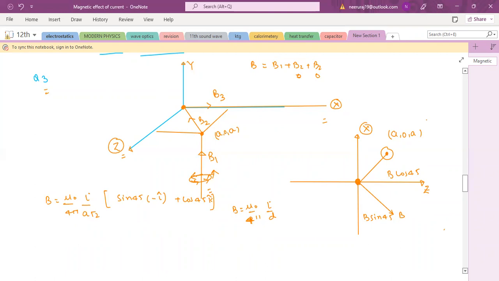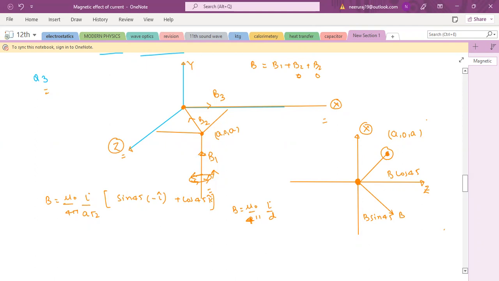So बच्चों, this is the wire at (a, 0, a), and remaining wire is inside the plane. Inside the plane मतलब बच्चों negative y-axis, right? Negative y-axis inside the plane, positive y-axis outside the plane. So this is the wire, and here current is flowing towards the positive y-axis. So current is coming out.